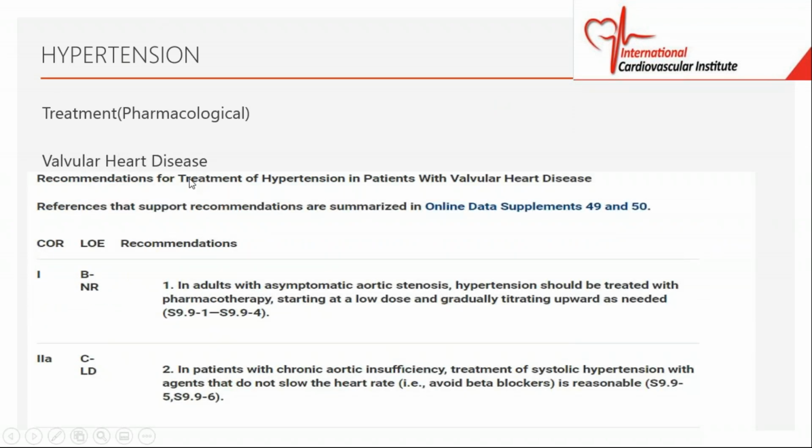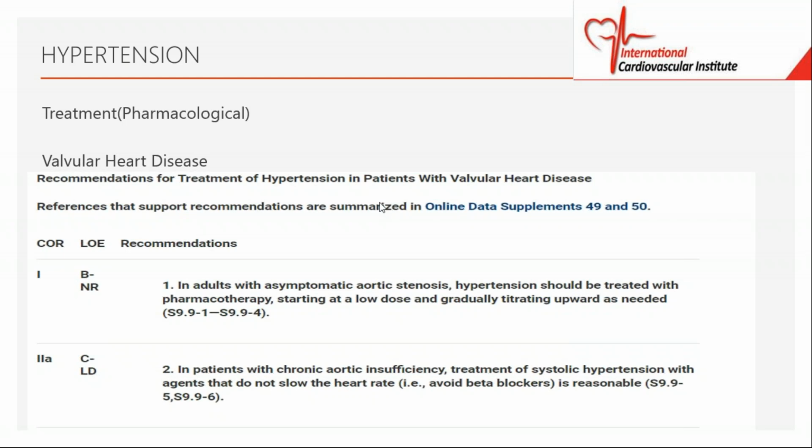What about valvular heart disease? Your patient with, say, aortic stenosis, okay, so your patient with aortic stenosis, you're going to treat their hypertension.